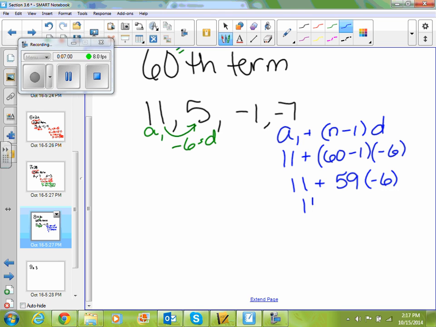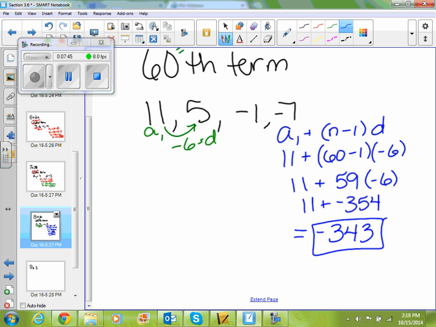So 59 times negative 6 is... someone get a calculator. 6 times 50 is 300. 6 times 9 is 54. That's how he got negative 354 in his head. But you can use a calculator. So 11 plus negative 354 is negative 343.